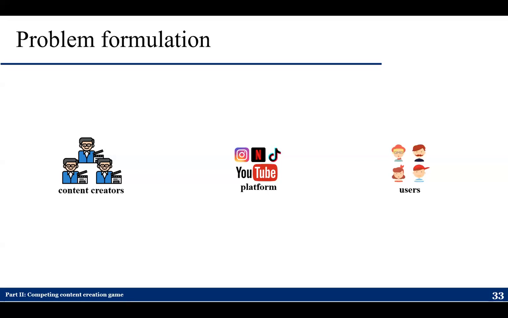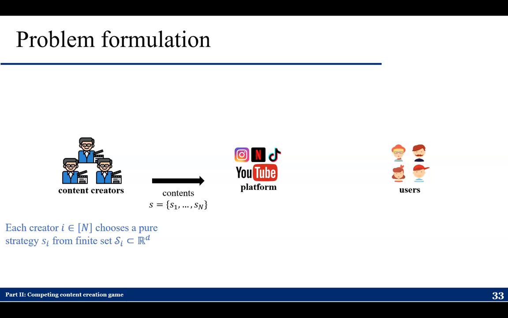Yes. So this is the problem formulation that we have. We mentioned that, in addition to the platform and user, we also have content creators, which are strategic agents as well. Now, in our problem formulation, each creator will choose some pure strategy. Here, the pure strategy basically means a particular type of content.